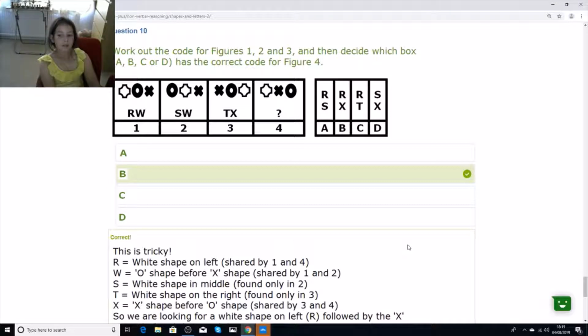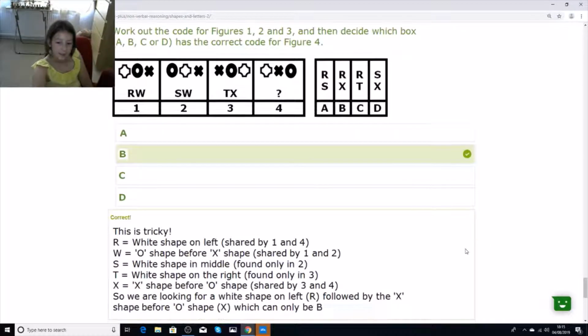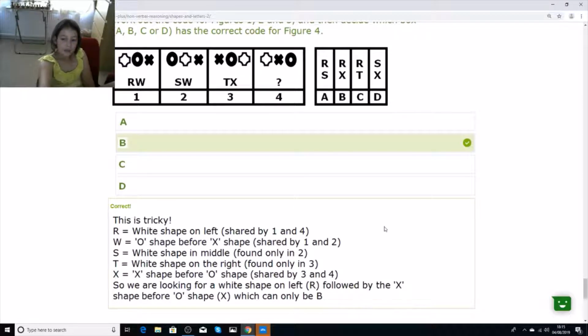W equals O shape before X shape, shared by 1 and 2. S equals white shape in middle, found only in 2. T equals white shape on the right, found only in 3. X equals X shape before O shape, shared by 3 and 4. So we are looking for a white shape on the left, R, followed by the X shape before the O shape, X, which can only be B.